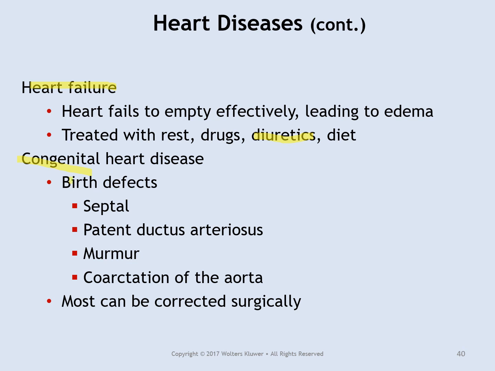In congenital or birth defects, you can have septal defects, you have a patent ductus arteriosus. There are parts of the congenital or embryonic heart where bypasses are used because the embryo is not breathing through the lungs.